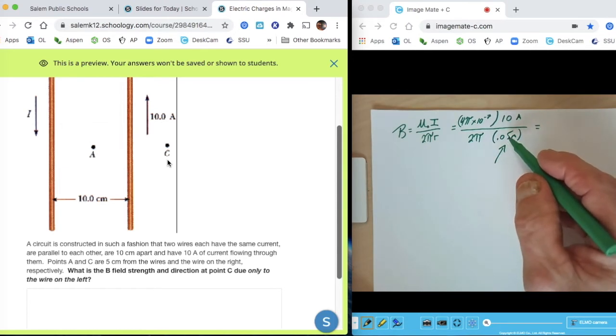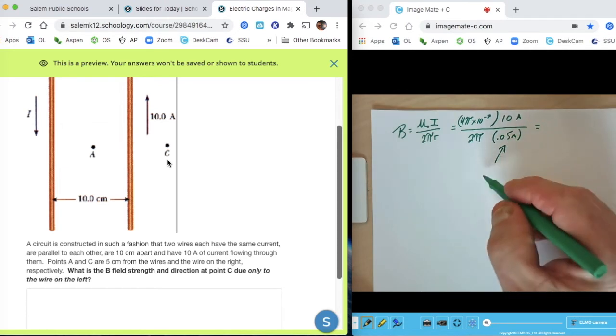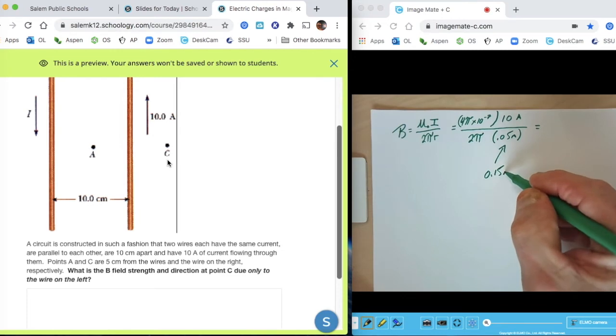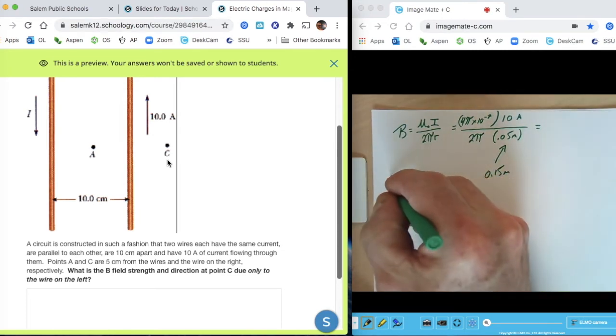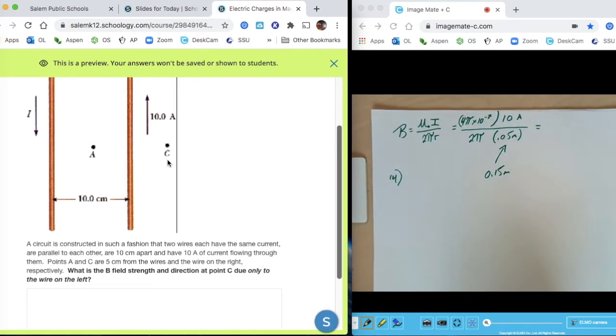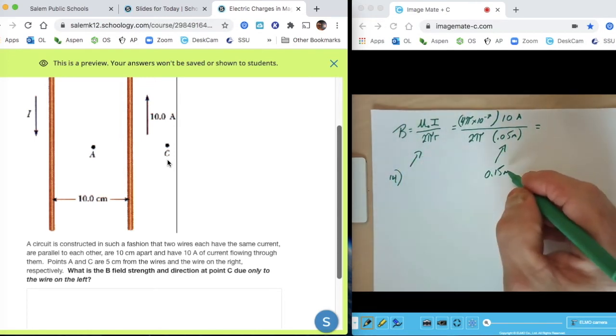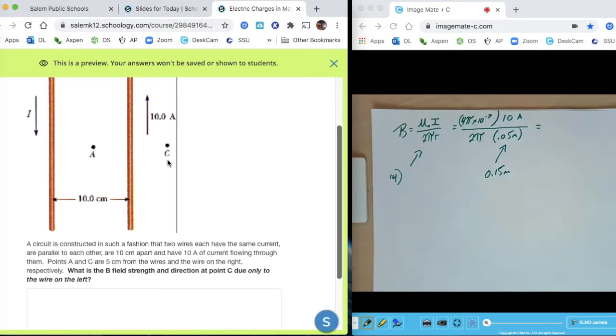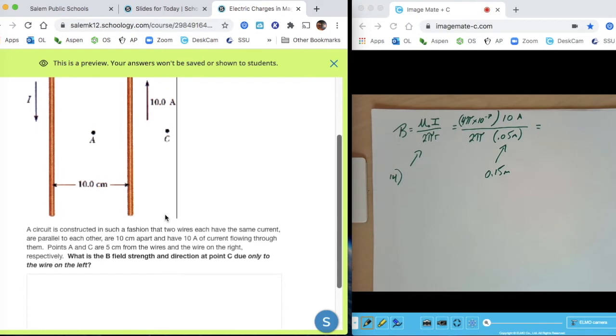Here the distance from the left wire is greater, so that becomes 0.15 meters. For number 14, it's the same formula, but the point is 15 centimeters from that wire and 5 centimeters from the other wire.